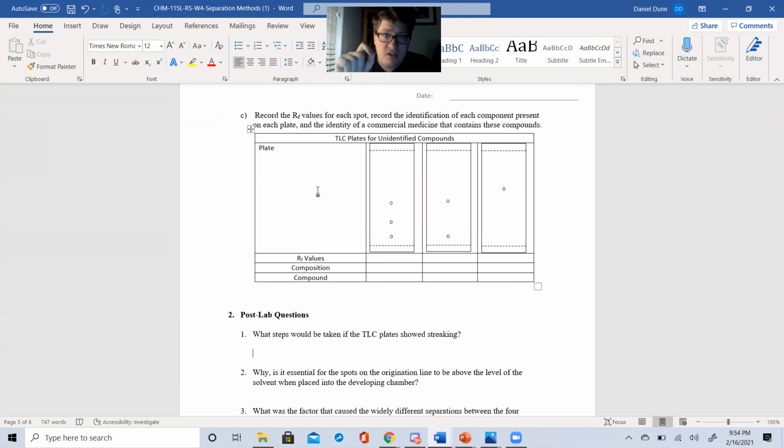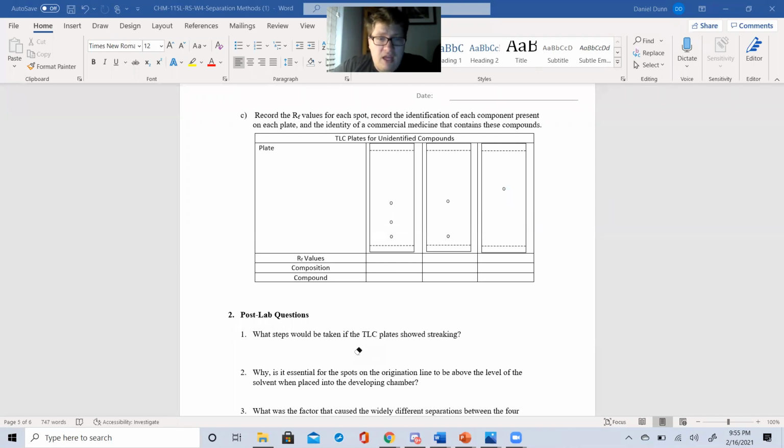If you put too much, too much stuff sinks in and it drags itself along the TLC plate and leaves a big splotchy thing. If this was a red dot right here, it would look like this, and that's bad, because there could be another compound in the same streak that I wouldn't know about.